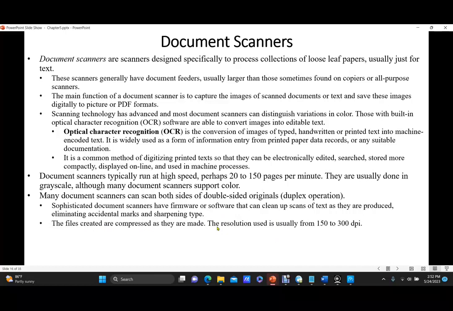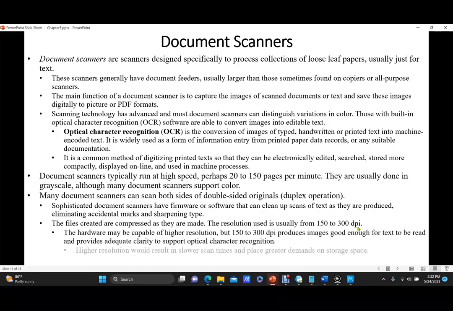The resolution used by a document scanner is usually from 150 to 300 dots per inch. The hardware may be capable of higher resolution, usually is capable of higher resolution, but 150 to 300 dots per inch produces images good enough for text to be read.